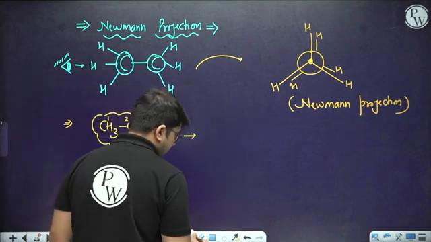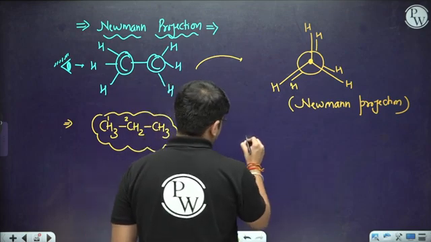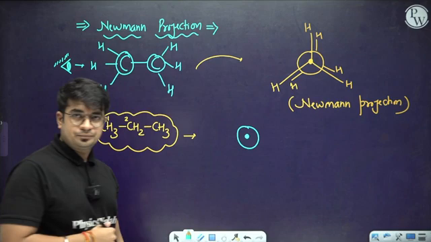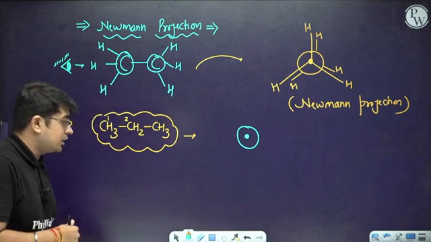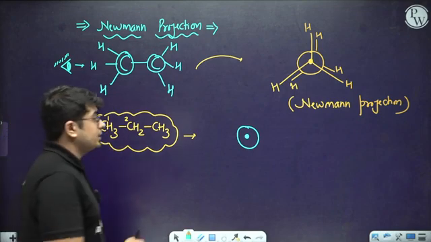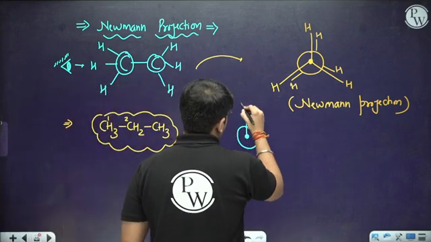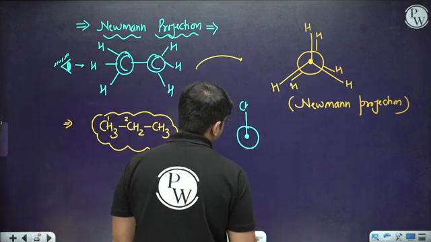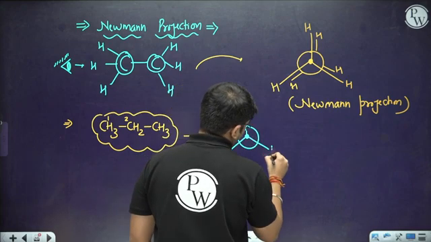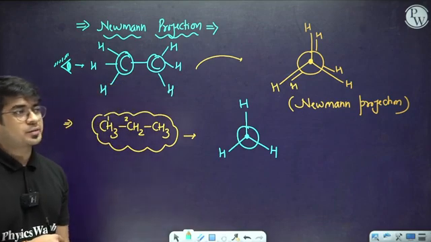In this particular case, the front carbon is connected with 3 hydrogens only: hydrogen number 1, hydrogen number 2, hydrogen number 3. I hope this part is clear.